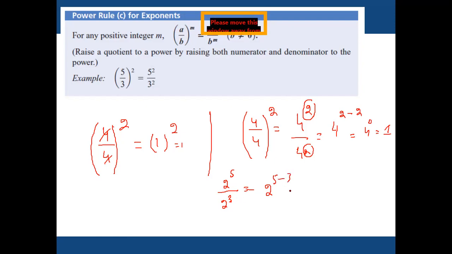So 5 minus 3 equals 2, giving 2 power 2. If we have another, for example 10 power 8 divided by 10 power 3, subtract their powers. Take a common base 10, and 8 minus 3 is 5, so 10 power 5.